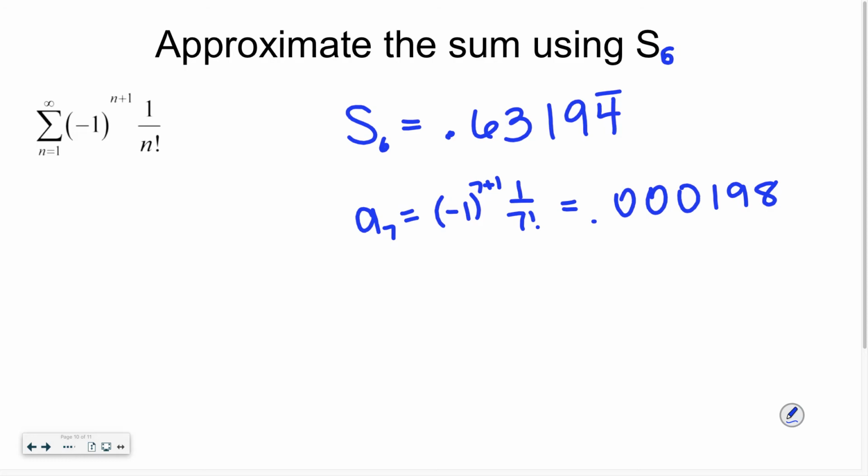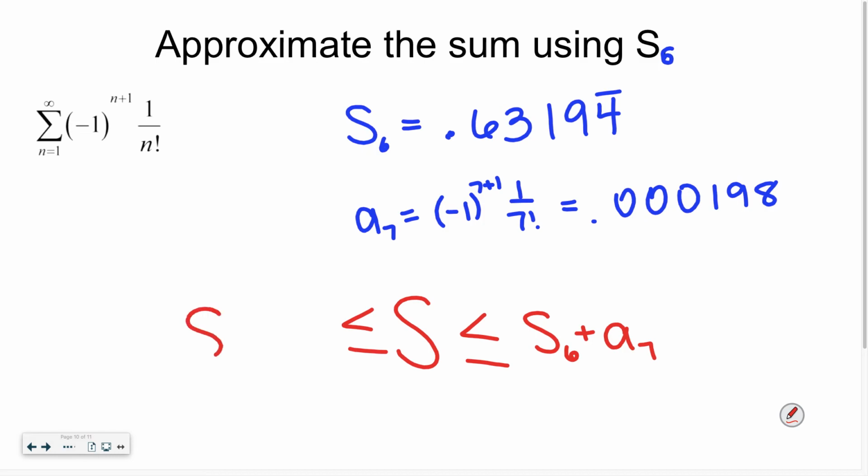Okay. So our actual sum would be between. This is what we approximated the 6th partial sum to be. And we know it differs from the actual sum by no more than this next term. So if we take our 6th partial sum plus the 7th term and our 6th partial sum minus the 7th term, we have an interval of where the sum would actually converge to.